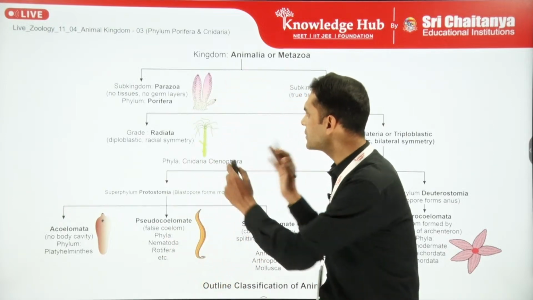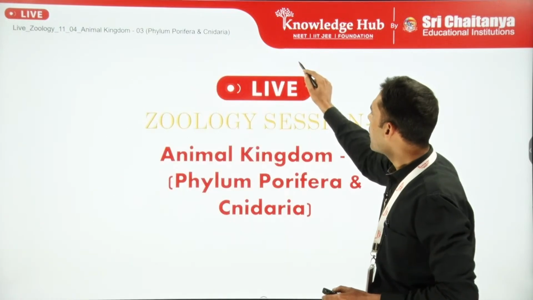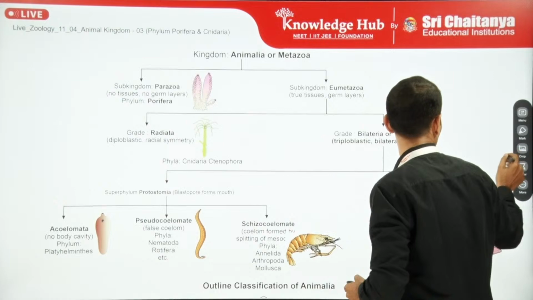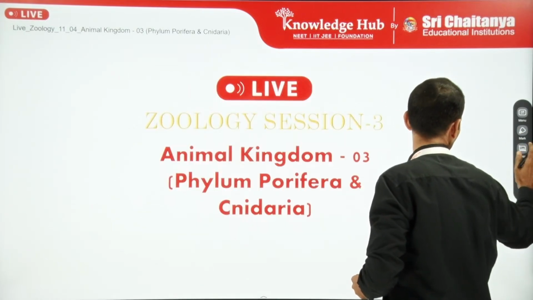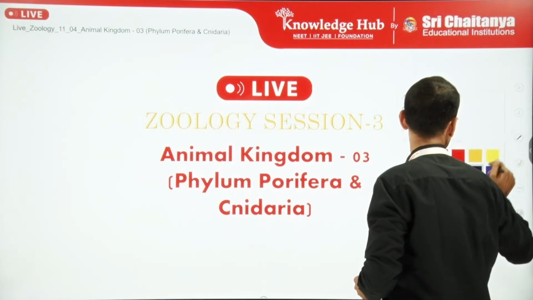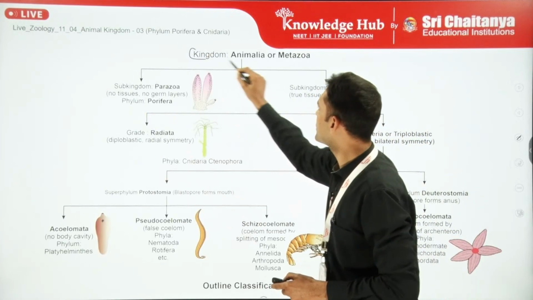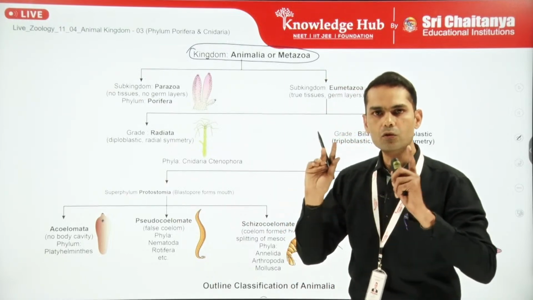So if you see the classification of kingdom Animalia, or Metazoa, the whole of the animal kingdom is classified into two parts.